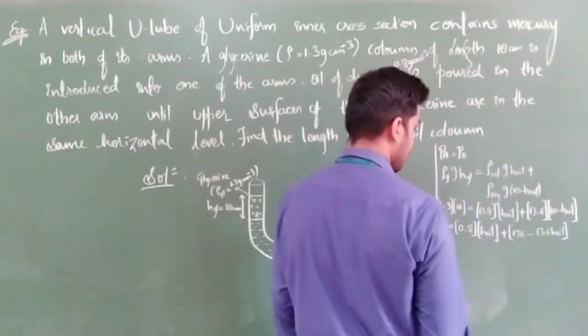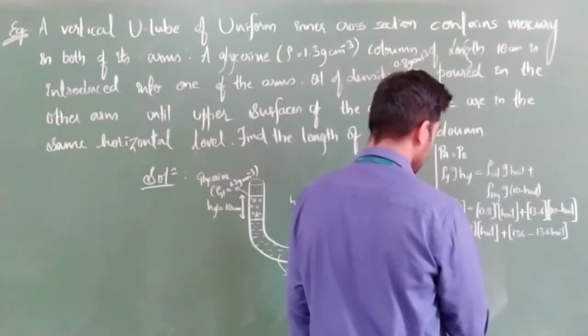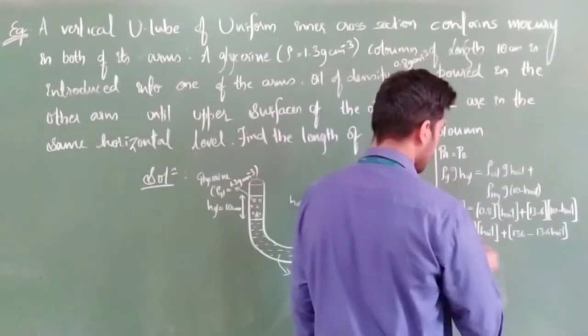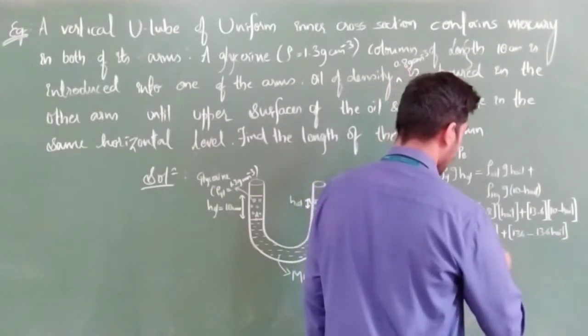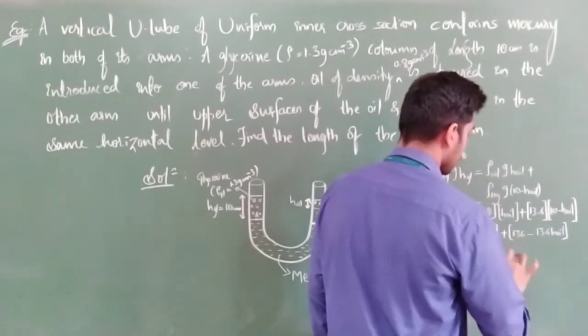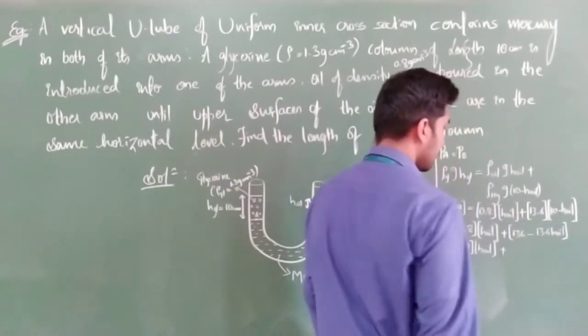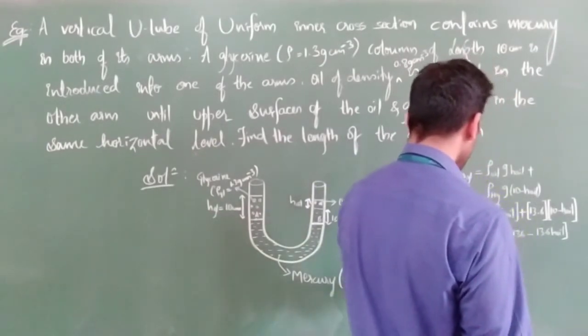So separate H oil and check how much you will get. 0.8 into H oil as it is, clear? Sorry, plus 13.6 into H oil. You can take H oil common.